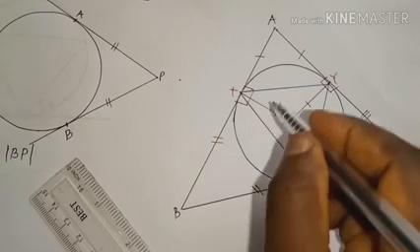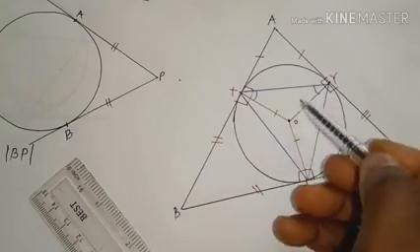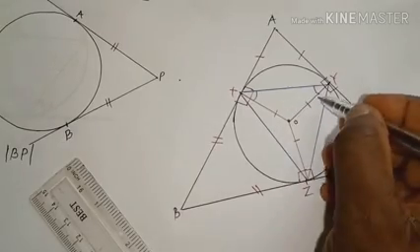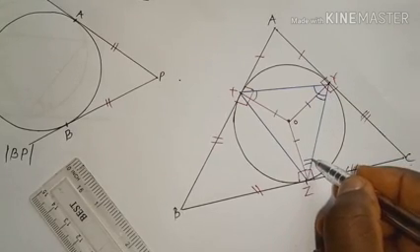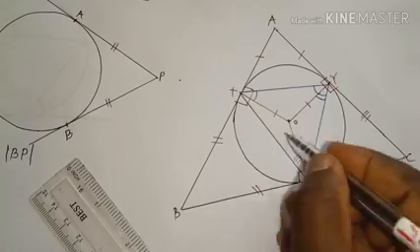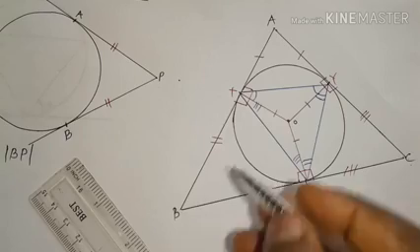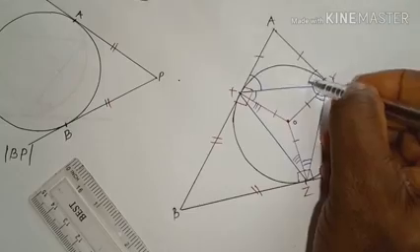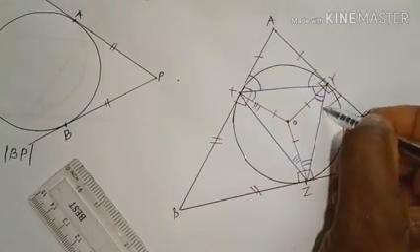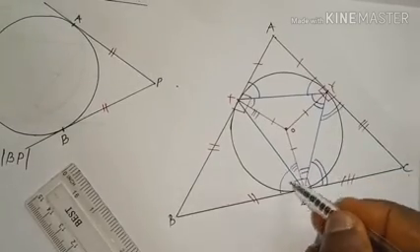That obviously means that I have an isosceles triangle here, another isosceles triangle here, and another here. Same thing is applicable here. I have another isosceles triangle here, another here, and another here.